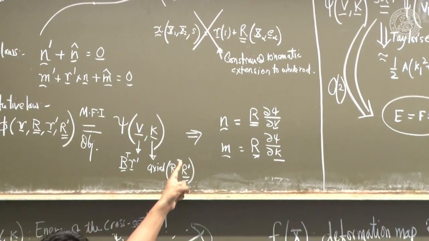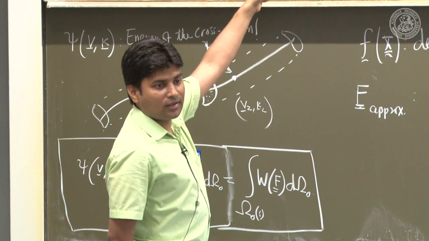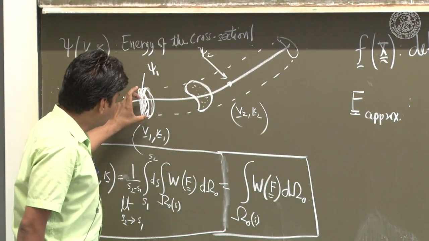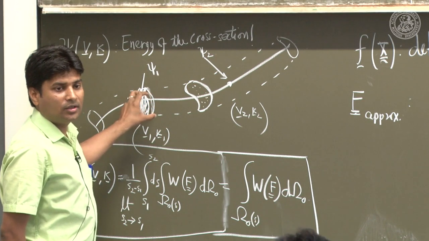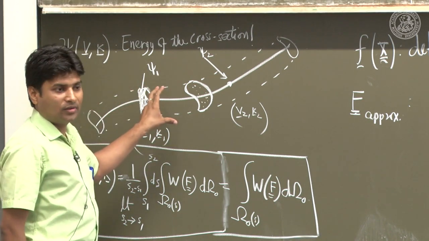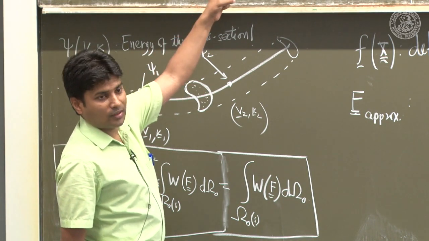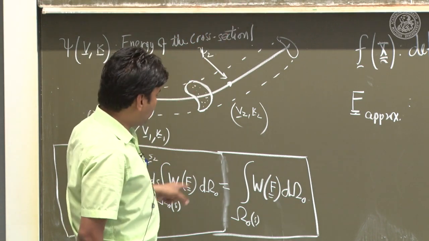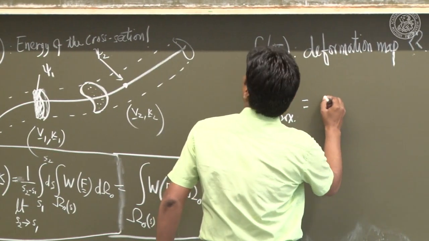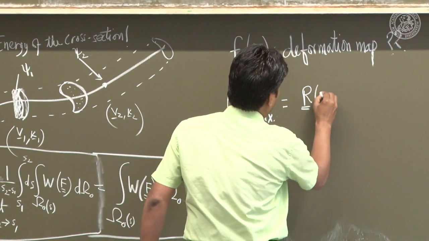That's one of the choices for us. That kinematics assumes that the cross section is rigid, it is neither shrinking nor undergoing warping. So, of course, if you use that kinematics and then get your big F, that is of course one choice we have.